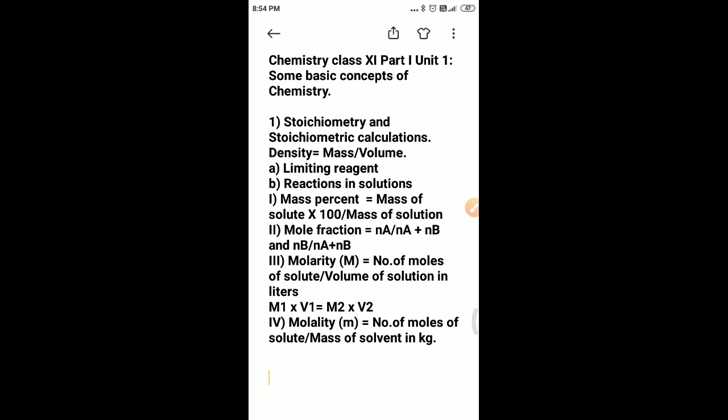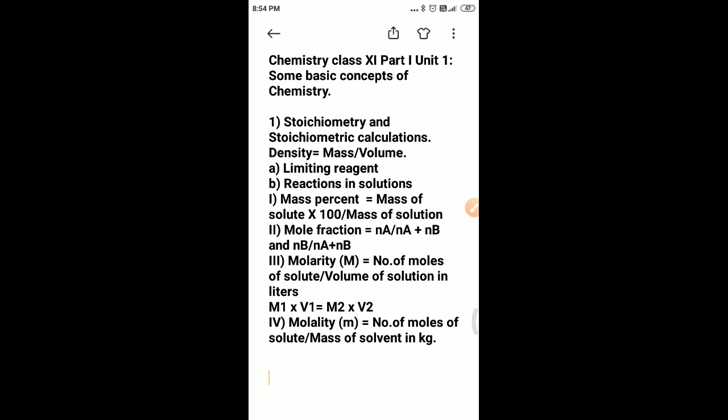Now reactions in solutions. Majority of the reactions in the laboratory are carried out in solution. Therefore, it is very important to understand how the amount of a substance is expressed when it is present in solution form.